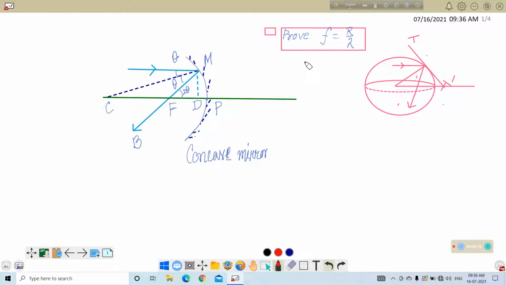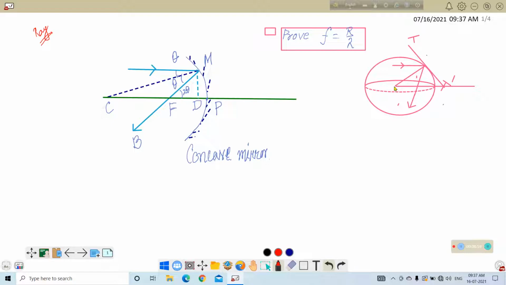Actually, this is geometrical optics or ray optics, and this ray, light ray, obeys all the geometrical rules, mainly Euclidean geometry. So before starting this proof, we have to discuss a bit of geometry, concept of geometry, and then we shall proceed.